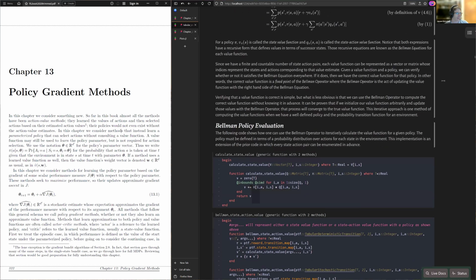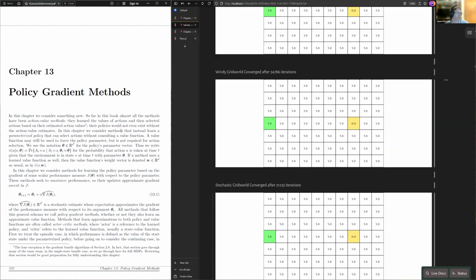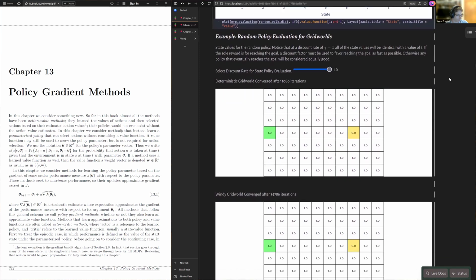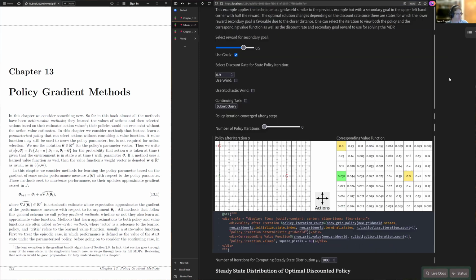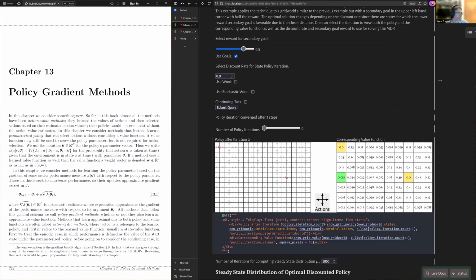And then we had an example of a grid world environment. If you have the random policy like this, what's shown here is the corresponding value function, which we had techniques in part one of the book to calculate. And it does depend on the discount rate and other things.